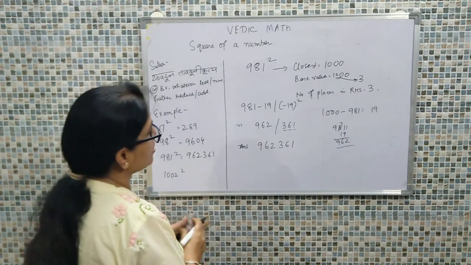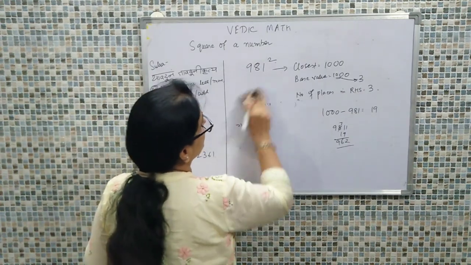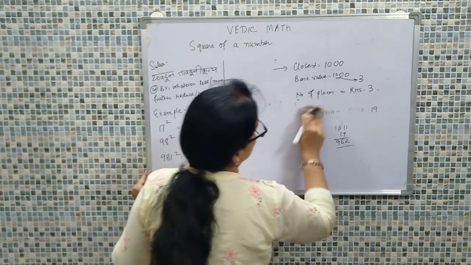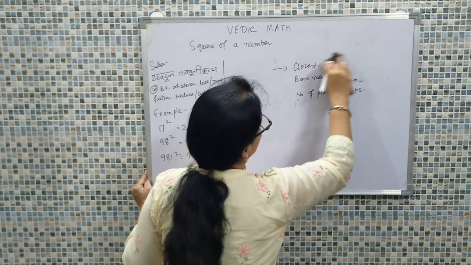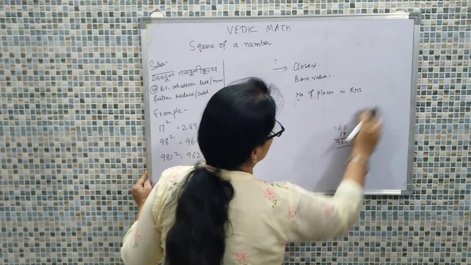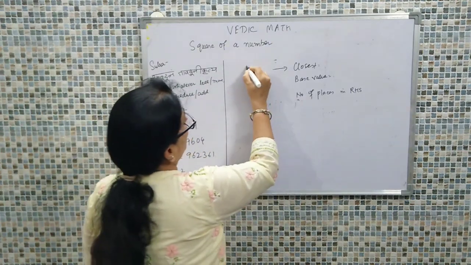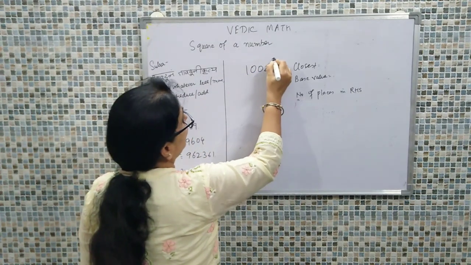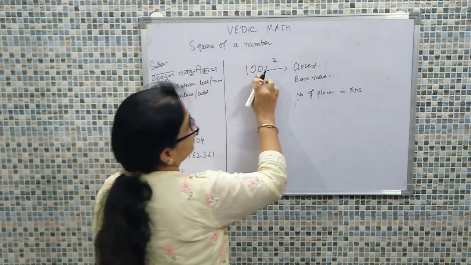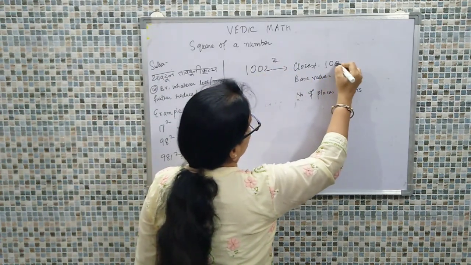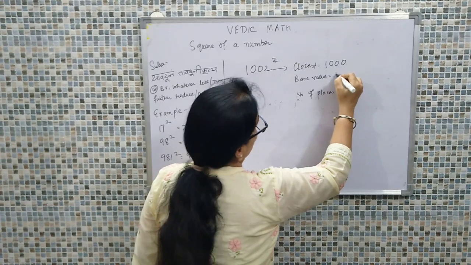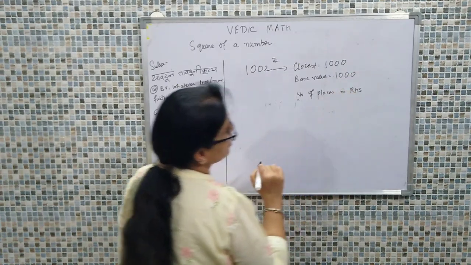Taking the last example, 1002 का स्क्वायर हमें निकालना है. This number is closest to 1000, so the base value will be 1000.